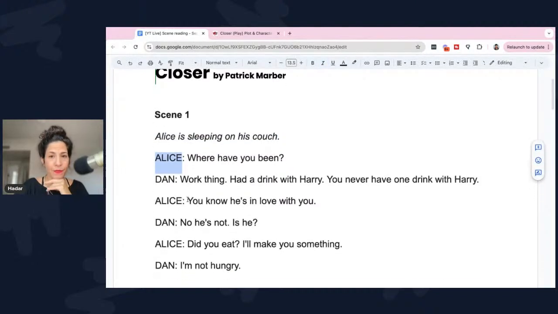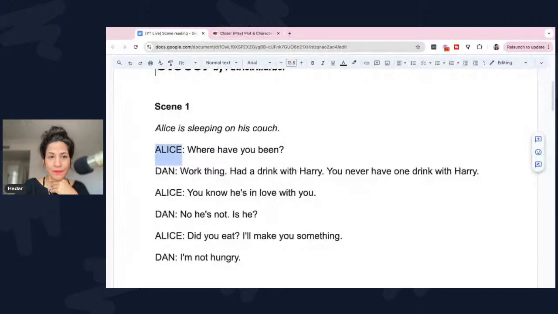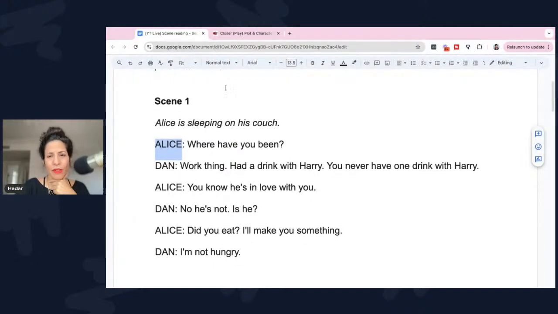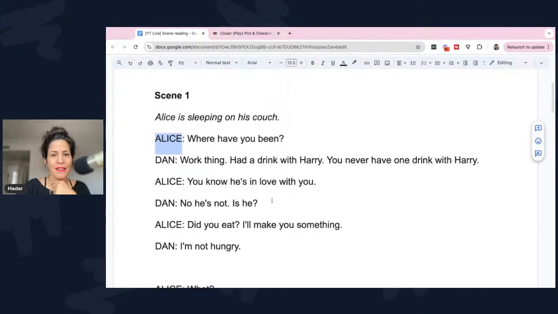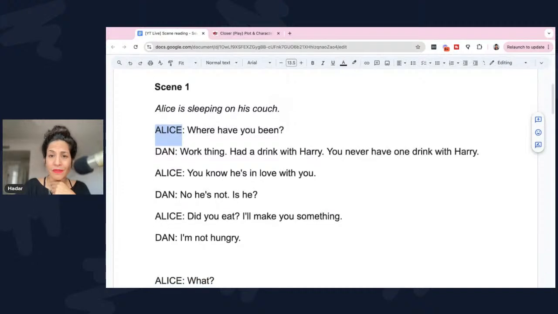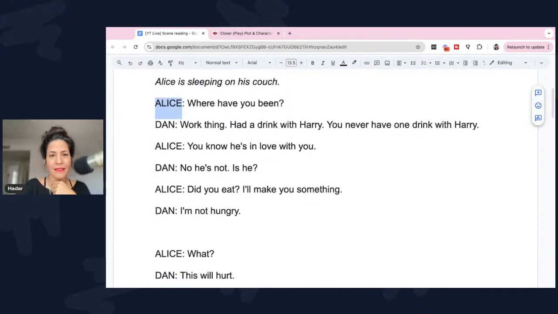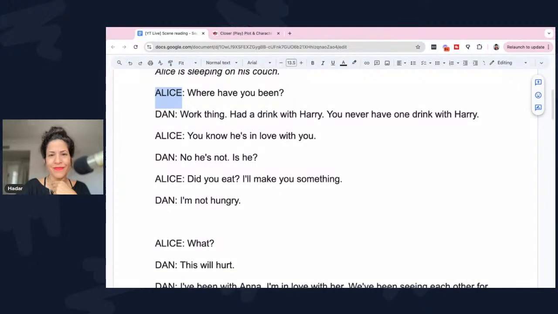Alice: Where have you been? Dan: Work thing. Had a drink with Harry. Alice: You never have one drink with Harry. Dan: You know he's in love with you. Alice: No, he's not. Is he? Dan: Did you eat? I'll make you something.